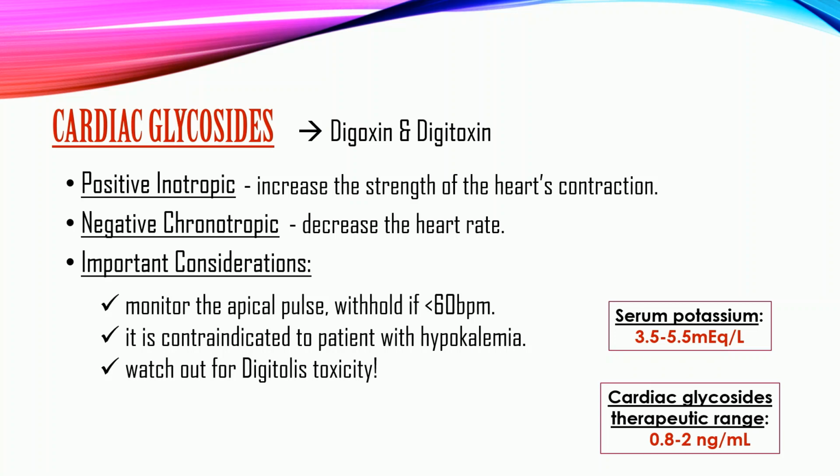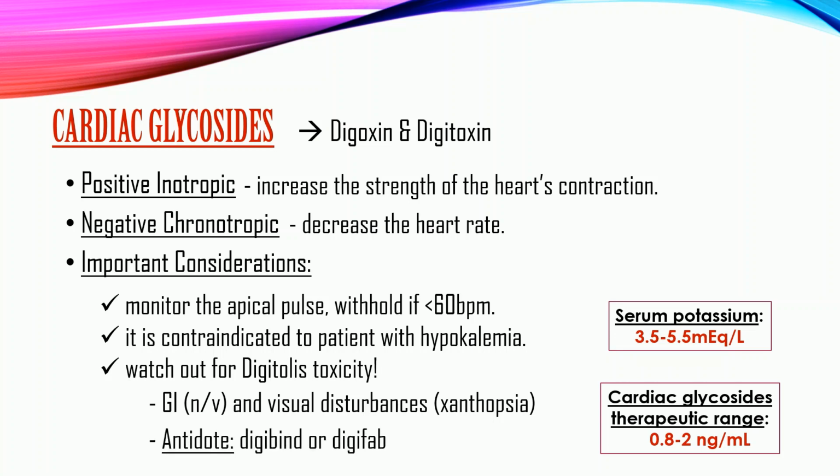The common manifestations are GI and visual disturbances. Our antidote is Digibind or Digifab. Due to its action, it is the drug of choice for a patient with chronic heart failure.